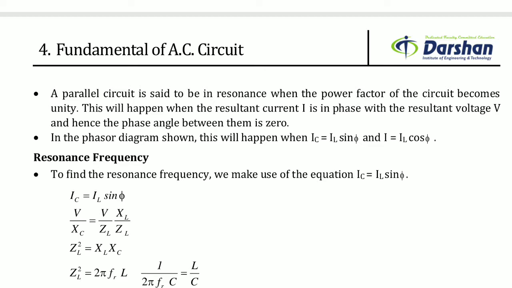IC is equal to IL sin phi. IC is equal to V by XC, IL is equal to V by ZL, and sin phi is equal to XL by ZL.